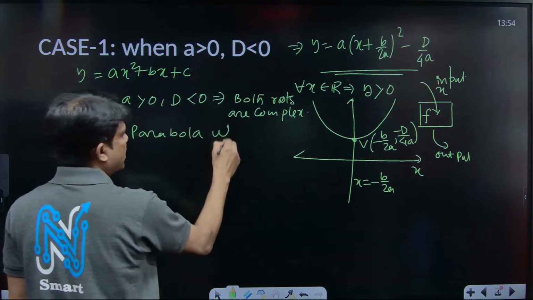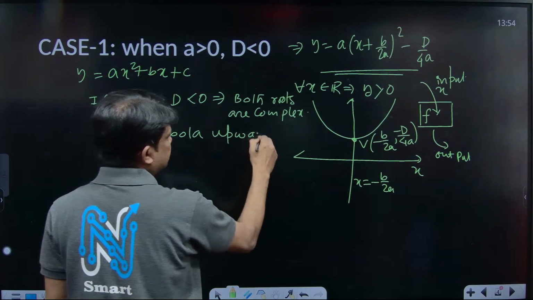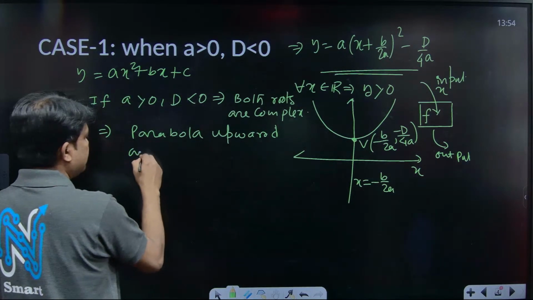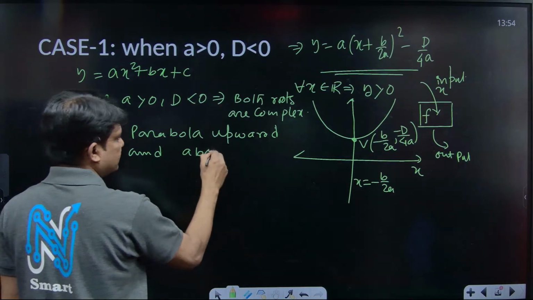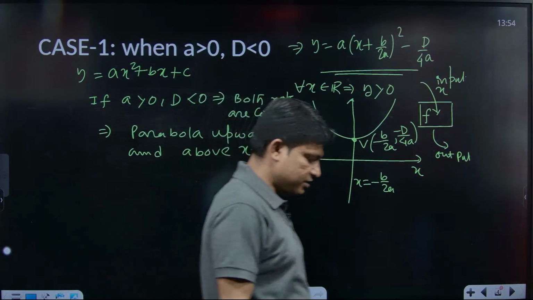Upward parabola, above the x axis. That means no real root.